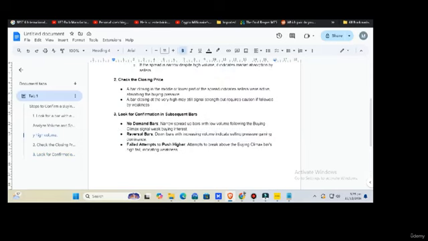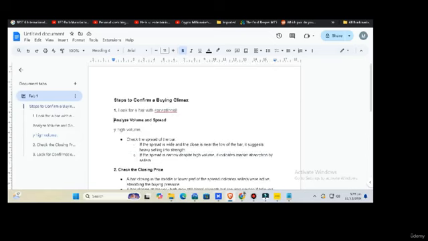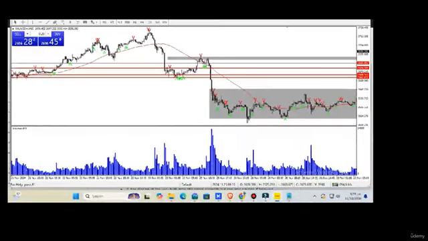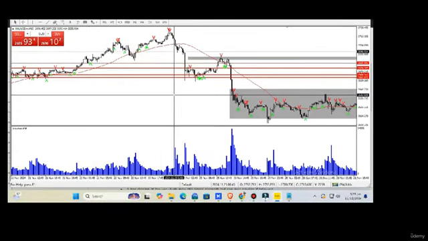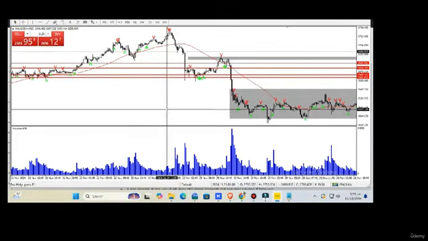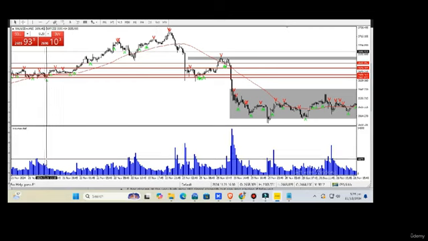First of all, let's go to the chart and see where we can find a buying climax. If we check here, this is the highest volume and again this is the highest volume, but this is the trend and this is the highest volume of all the previous trend.